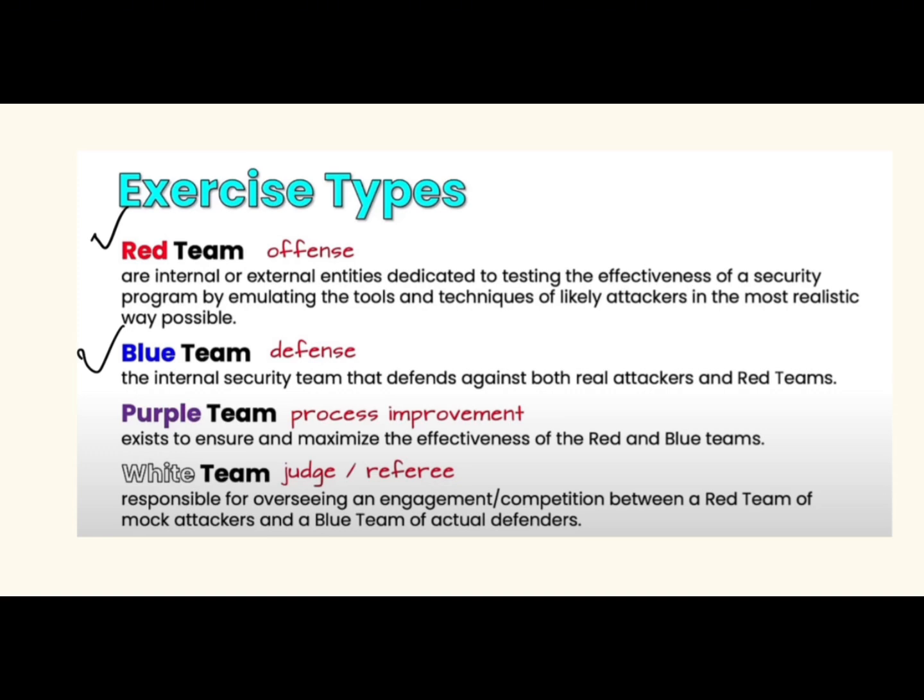So here you can have internal or external entities, but here you have the internal security team that defends against both real attackers and red teams. So the blue team are the bank security guards. They monitor the cameras, check the doors, and stop an intrusion. Here we are talking about physical control, just for the understanding purpose, right?